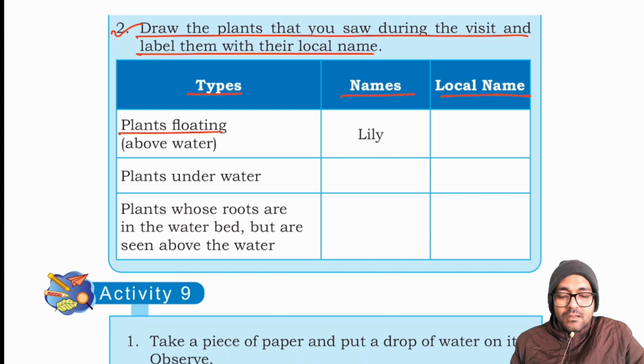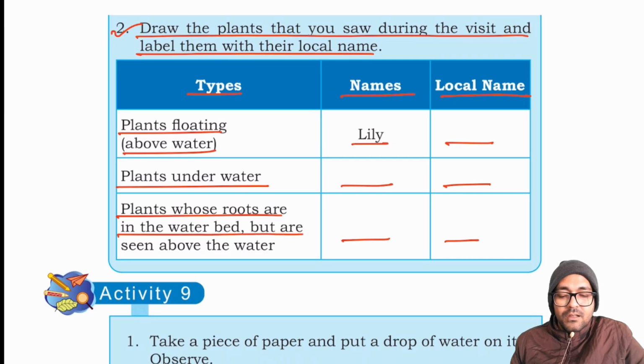Under types, plants floating above water, name lily. Under types, plants underwater, and spaces are given for you. You have to fill it. Similarly, plants whose roots are in water bed but seen above the water. You have to fill the spaces here.